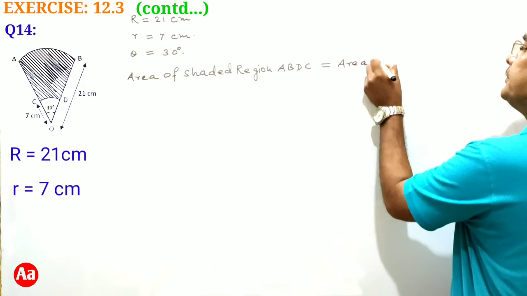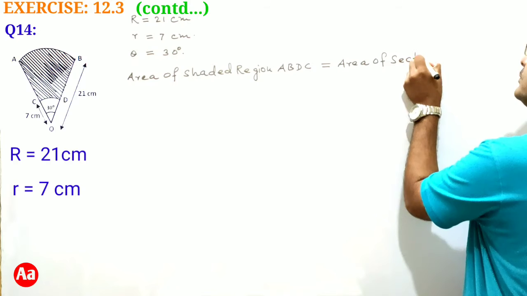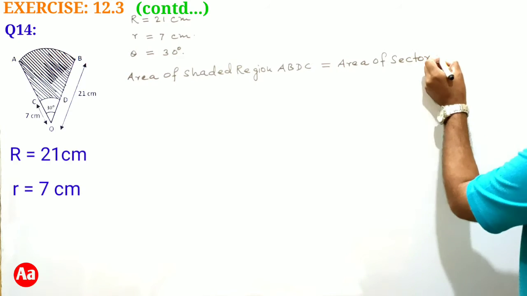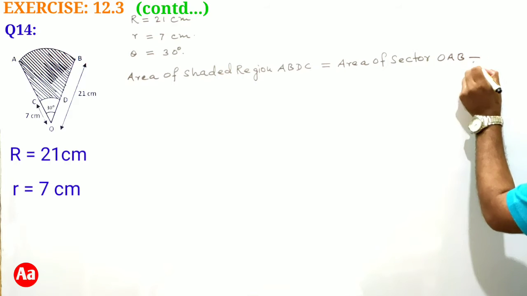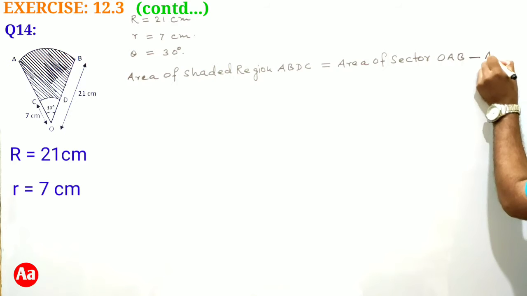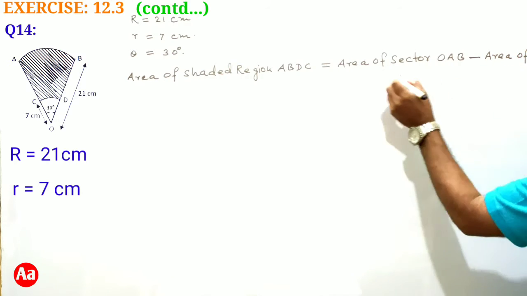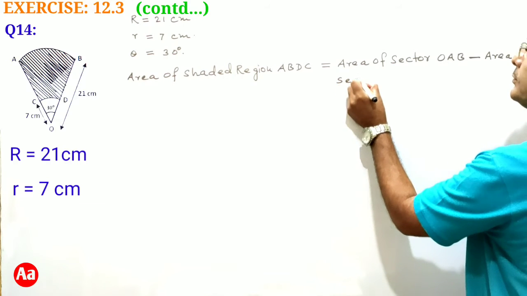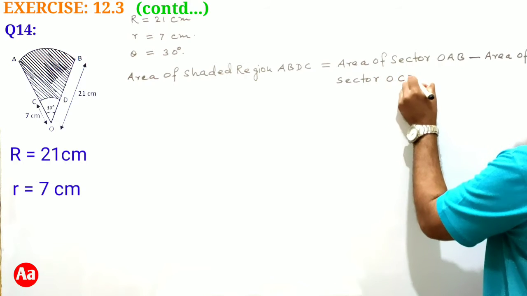So area of sector OAB minus area of sector OCD.